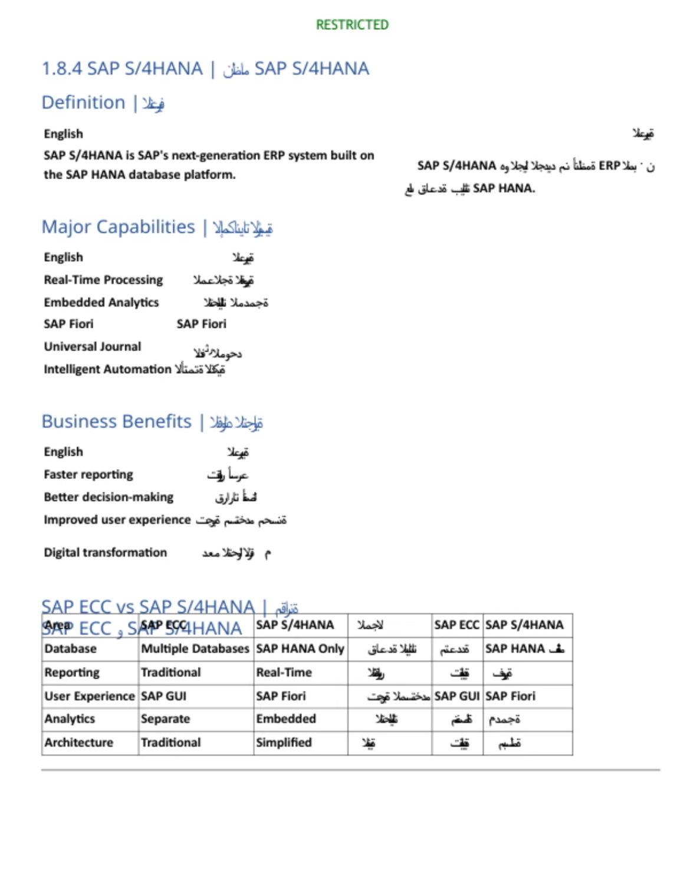The user experience shifts from the classic SAP GUI to the modern, intuitive SAP Fiori interface. Analytics are no longer separate. They're embedded directly into the system. Overall, the architecture is simplified, supporting digital transformation and intelligent automation. This slide sums up how S/4HANA delivers real-time processing, embedded analytics, and a better user experience.